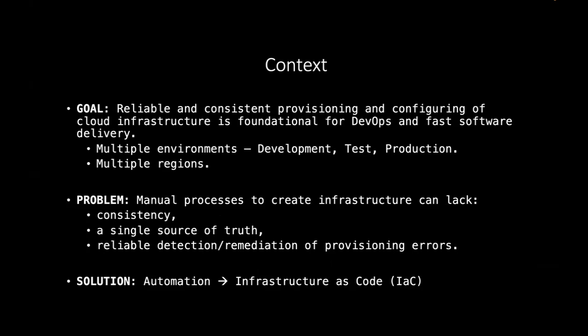So whatever approach we use to creating the infrastructure or the resources, we would like it to be consistent and reliable, mainly because it's something that we're going to be doing multiple times during the development life cycle of our application, and possibly even during the production time of our application as well.